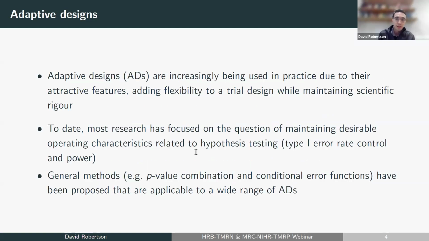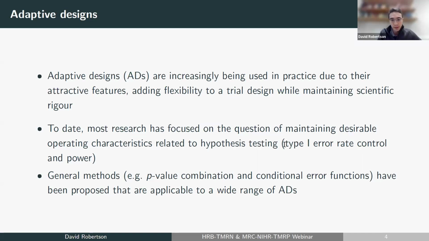So adaptive designs are increasingly being used in practice because they have very attractive features in that they allow additional flexibility to respond to the data information you're collecting in the trial while maintaining scientific rigor. And to date, most methodological research has focused on the question of maintaining desirable frequentist operating characteristics related to hypothesis testing.